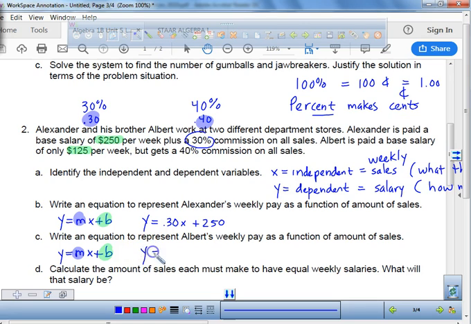Albert gets y equals, he gets 40% commission, which is a better commission, but he only gets paid $125 a week. So in order for Albert to beat his brother, he's got to sell more than his brother in order for him to win. Okay? So this is your answer for B. And this is your answer for C.